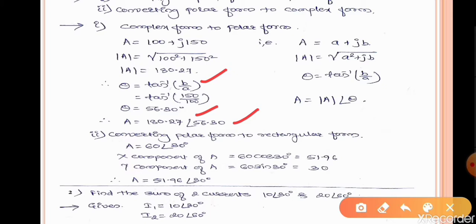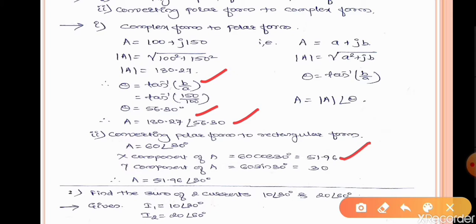Next is converting polar form to the rectangular form. While converting from the polar form to the rectangular form, you have to find out the x component of A and y component of A. As we know, x component of A is 60 cos 30, that is equal to 51.96. Next, y component of A is 60 sin 30, that is equal to 30.